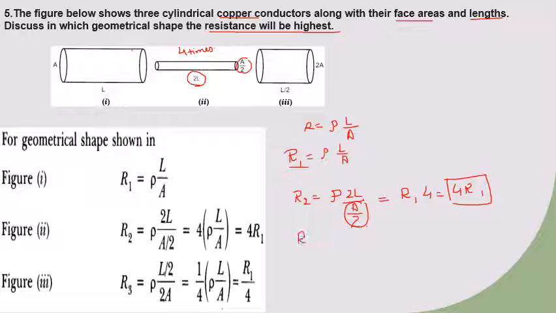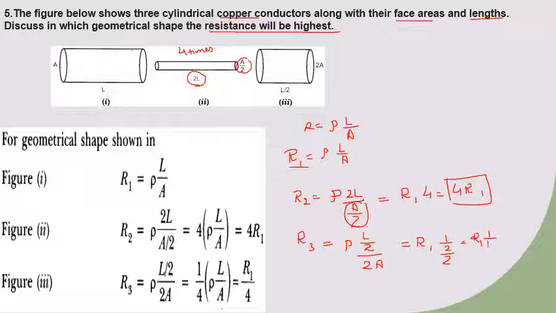I will mark it as R3, the resistance for this. Again, I'll use the formula rho. The length has become half, so I will write L upon 2. The area has become double, that is 2A, right? So if I remove rho L upon A and substitute R1 for that, I get R1 times 1 upon 2 divided by 2, which by solving gives R1 upon 4.